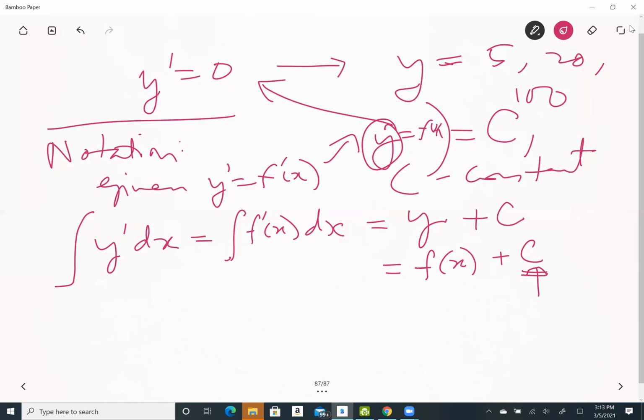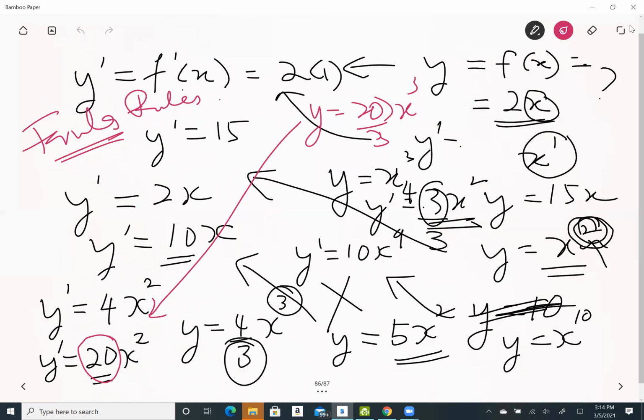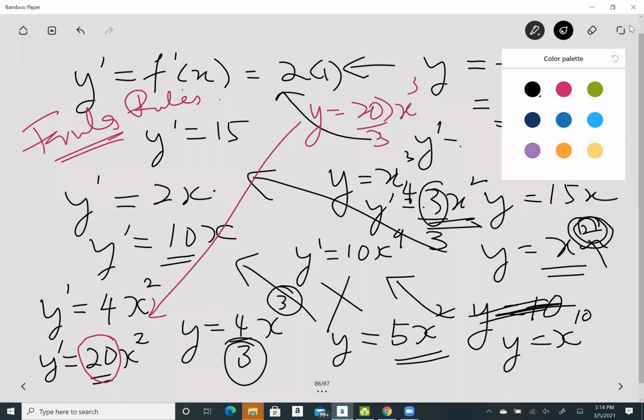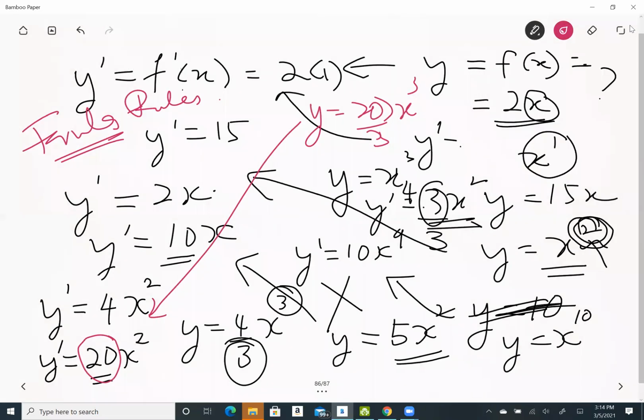Okay, so for example, I go back to our previous example. Let's say this one, y prime equal to 2x. Okay, that 2x, in fact, you don't write it, because it's a 0. It's in fact 2x plus 0. So what you got will be what? You want to find the function.